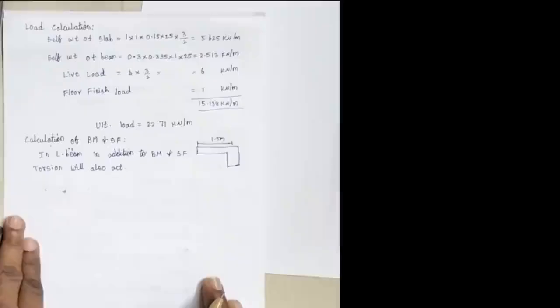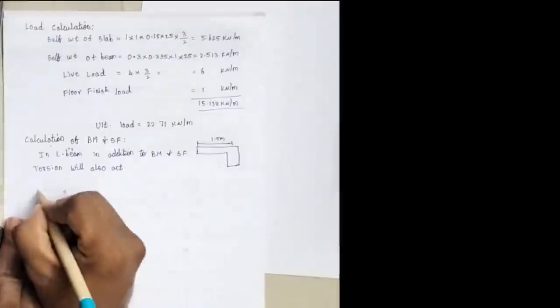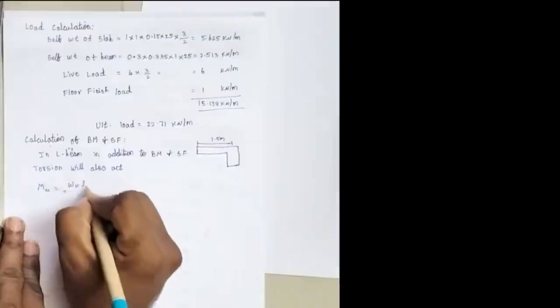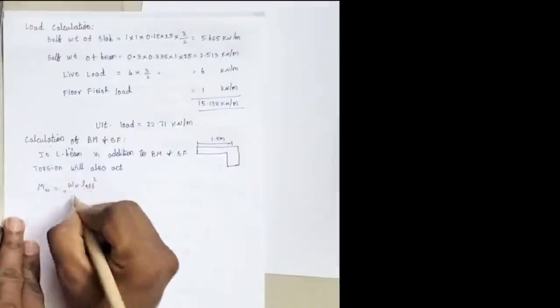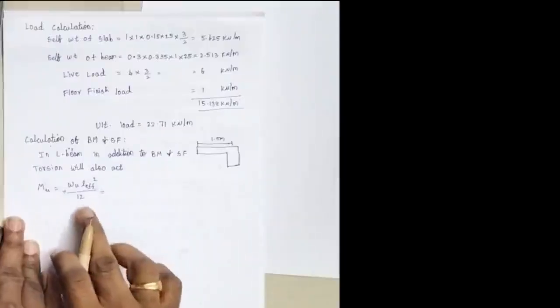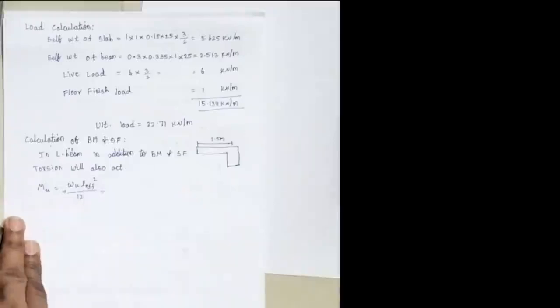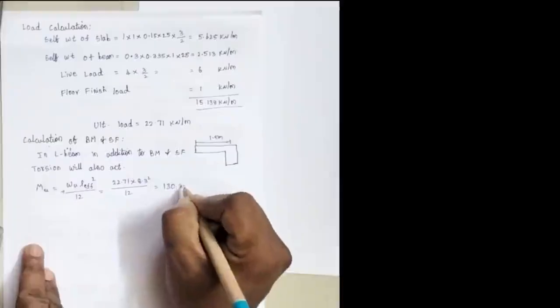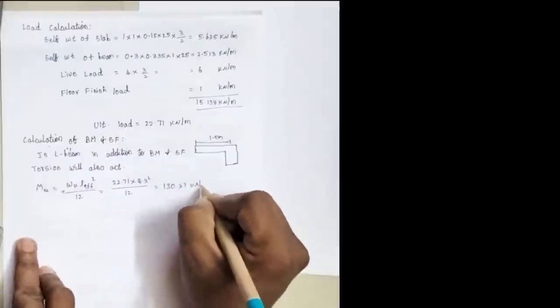Since it is a fixed support condition, the bending moment Mu will be considered as Wu L effective square divided by 12. So we know that to calculate the bending moment we will use the formula WL square by 12. So the value here we are getting is 130.37 kilonewton meter.